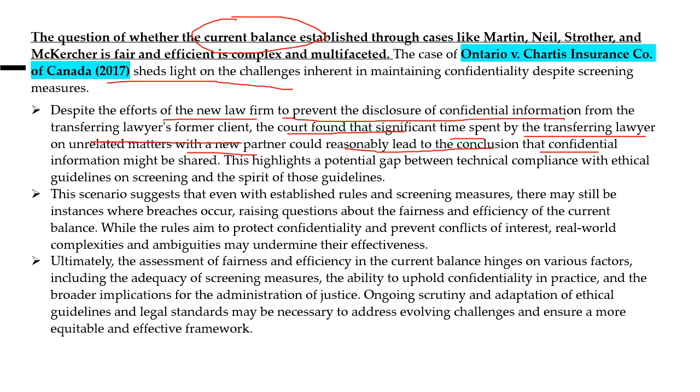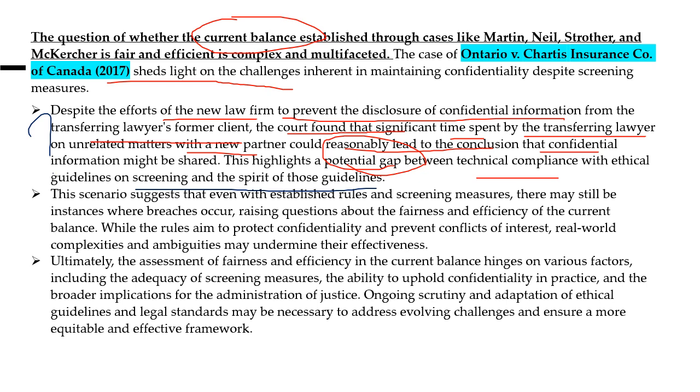So there is still a potential gap between technical compliance and ethical guidelines. Some firms say that okay, we have done the screening, there is no prejudice to the client's information, but how can you say that? If there is something that is retained in a person's mind, how can you just erase that information? So that is questionable.